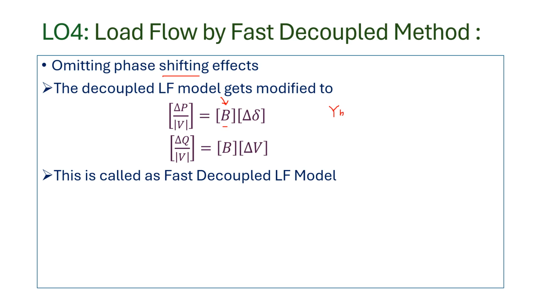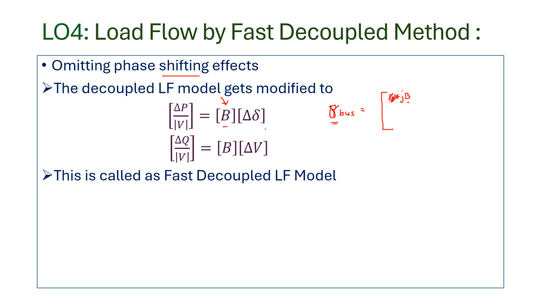We have the Y bus matrix, and in this Y bus we have many elements of the form G plus jB. We have conductance and we have susceptance. This conductance we are neglecting because we assumed resistance to be 0. So we will have only susceptance values, and Y bus is converted into B bus, that is the susceptance matrix.